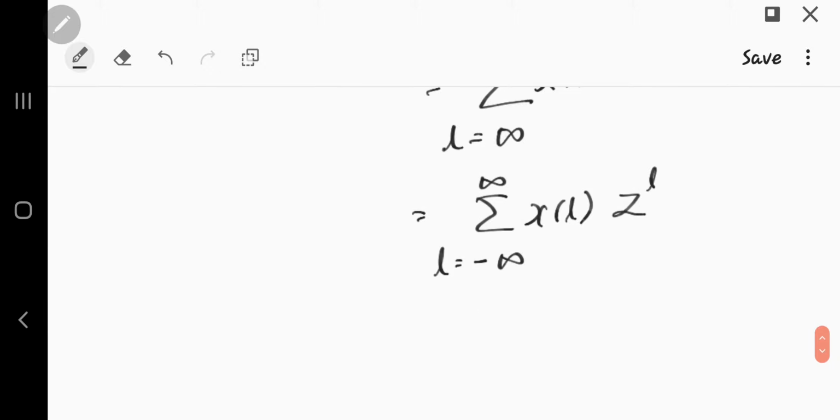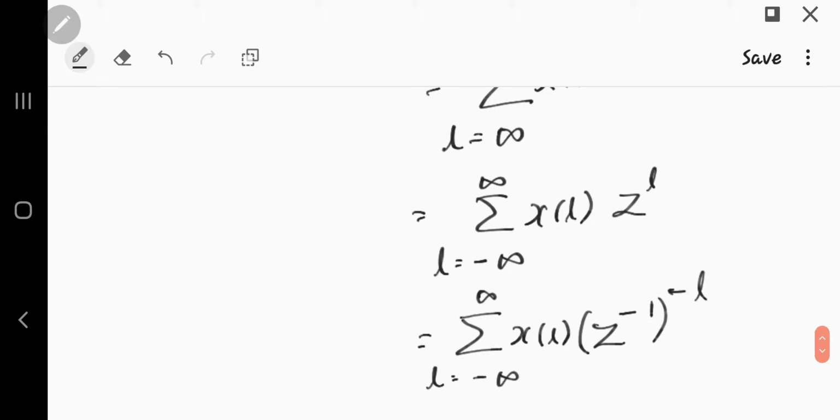Now coming to the next step, I can write this as minus infinity to plus infinity x of L z inverse to the power of minus L.